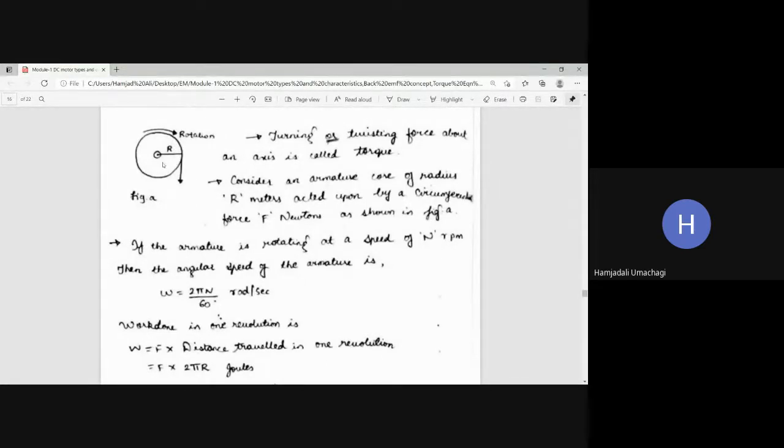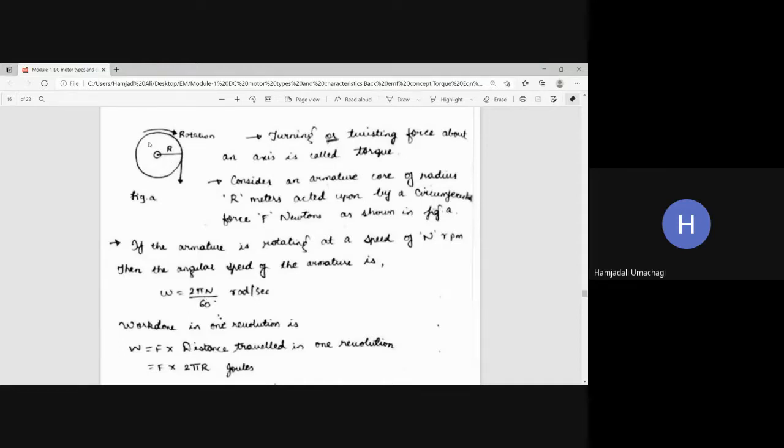Angular speed means the rotational speed, and it is denoted by omega. Omega is given by the expression 2 pi N by 60, and its unit is radian per second. So the armature of the DC motor is rotating at an angular speed of omega equal to 2 pi N by 60.